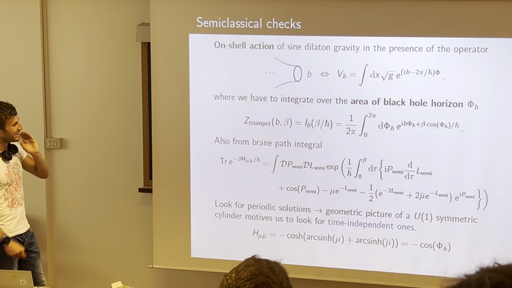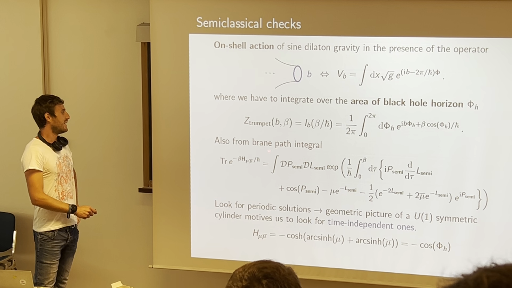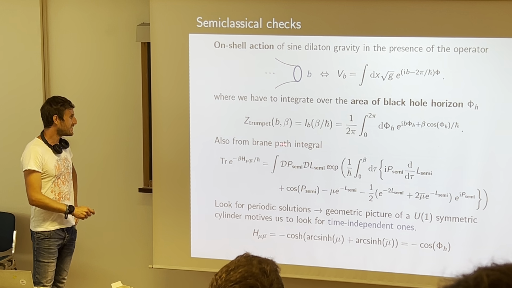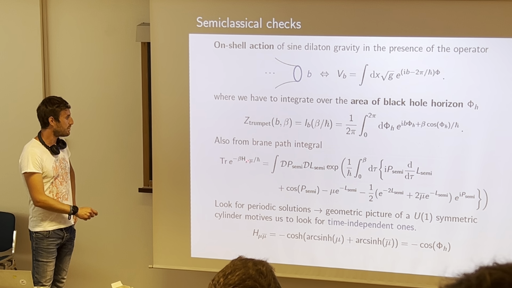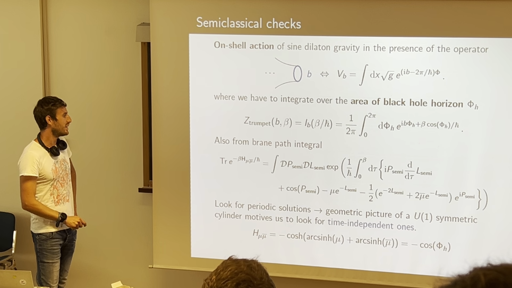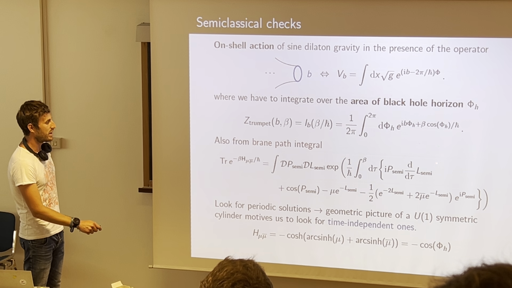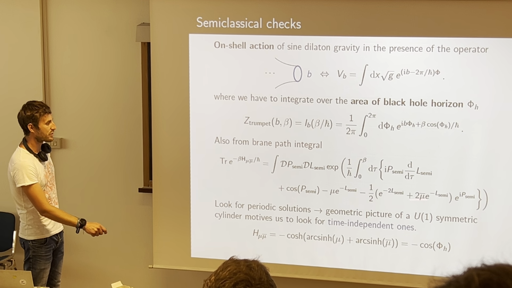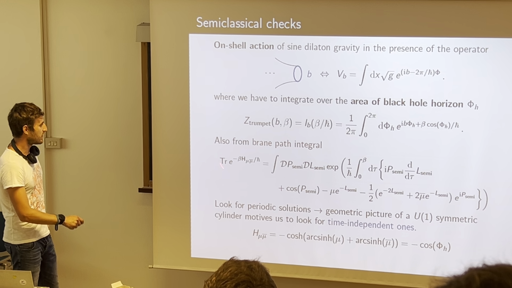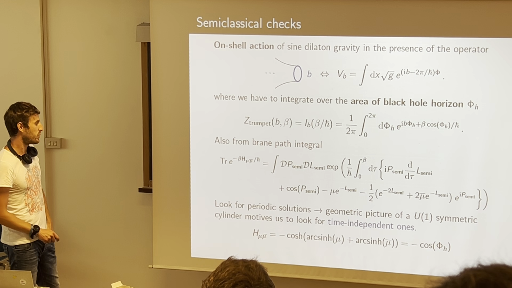And also, if one is still skeptical, one can compute, for instance, also semi-classically this amplitude, this trace over e to the minus beta times the brane Hamiltonian, by constructing a path integral where I just compute the Legendre transform of the brane Hamiltonian. And since I want to compute the trace, I would like to find periodic solutions to the equations of motion.